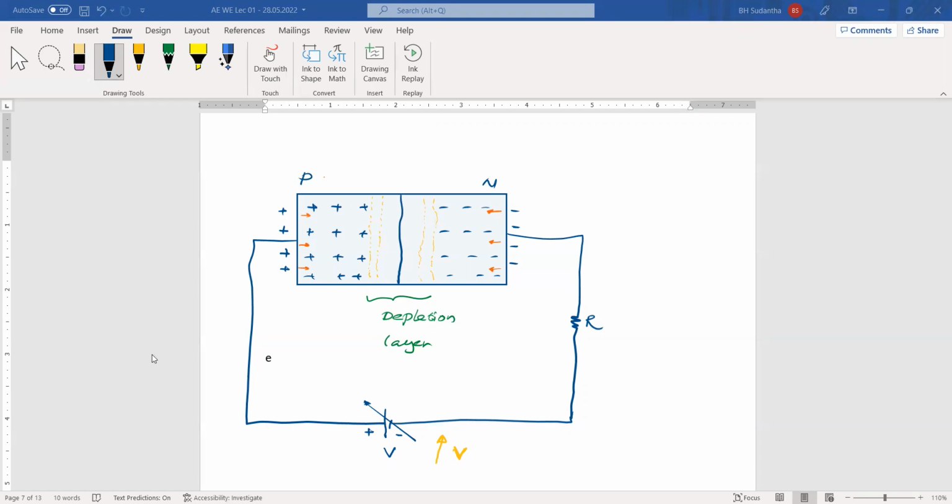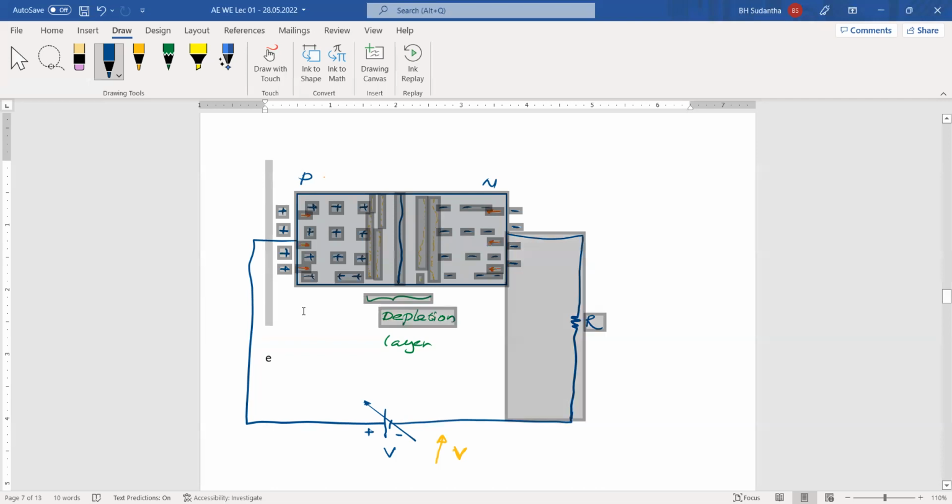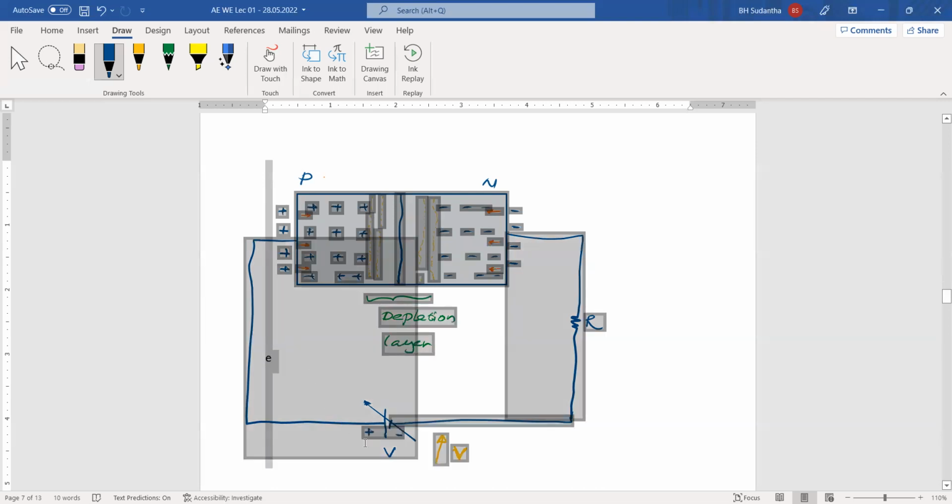Any question regarding this one? We can copy this one.